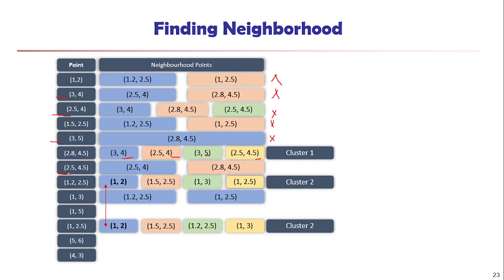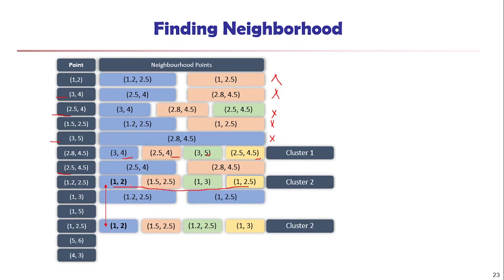Next point we visit is 2.5 comma 4.5, which is not a core point, so we cannot form a cluster around it. Next point 1.2 comma 2.5, here also we got 4 points. So this can be a core point and we can start to build a cluster around it. So this will be my second cluster. And now the next question is, is there any point which also leads to a core point?